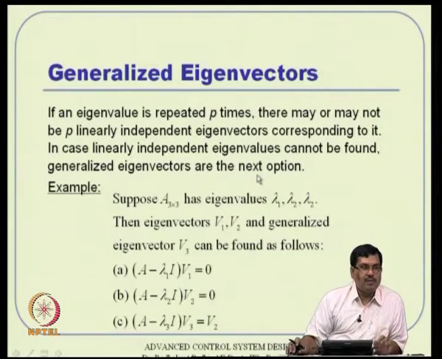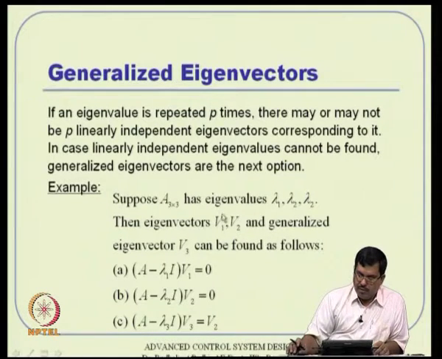It may not be exactly an eigenvector, but the properties may be very close. Some precise definitions are also available for generalized eigenvectors, but in a way we want some vector which is very close to the eigenvector in some way.